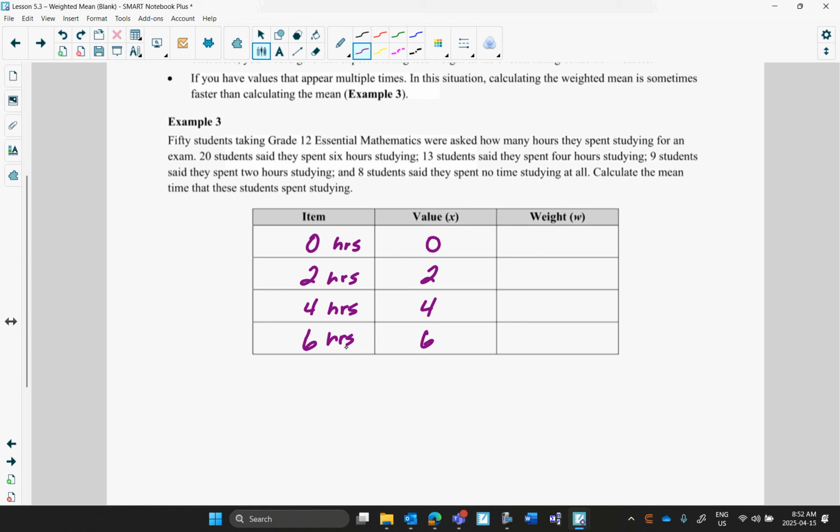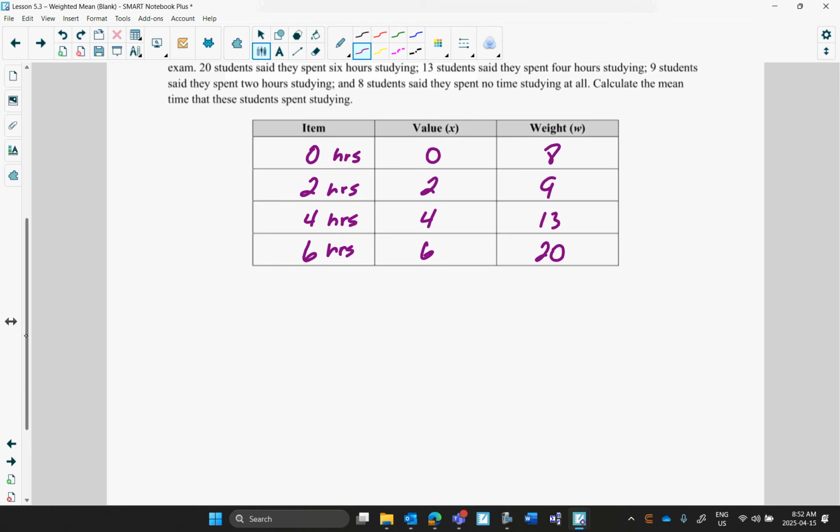What's the weight? This is the number of students in each category. So 8 here, 9 here, 13 here, and 20 here. So instead of adding 50 numbers together and dividing by 50, I just need to add 4 numbers when I get them.